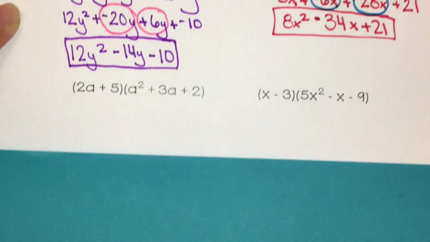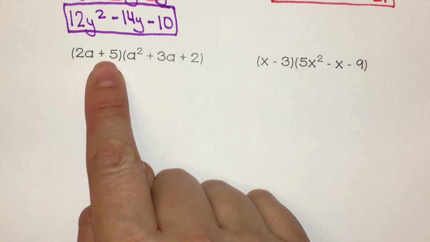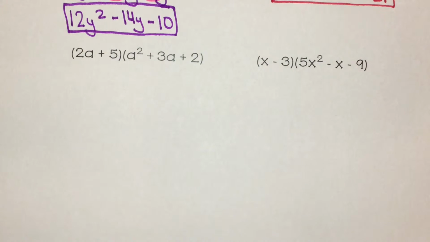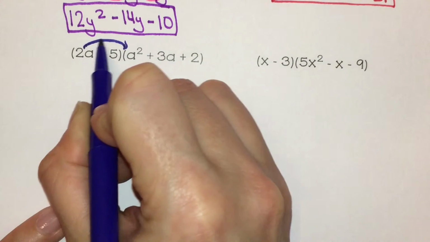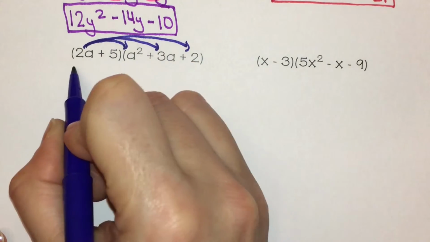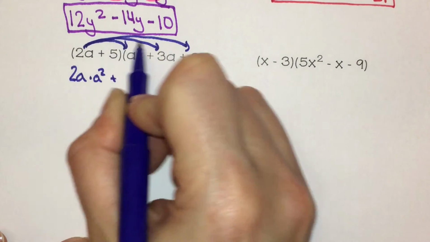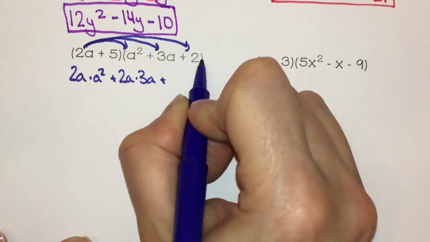Just getting one step harder, we're going to multiply a binomial by a trinomial. So a 2-term polynomial times a 3-term polynomial. You're going to do the exact same thing. We're just going to distribute. I'm going to start with this first term and multiply it by all the terms in that second set of parentheses. So we have 2a times a squared plus 2a times 3a plus 2a times 2.